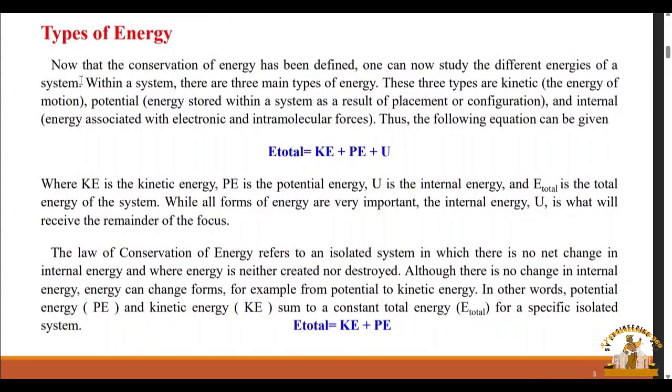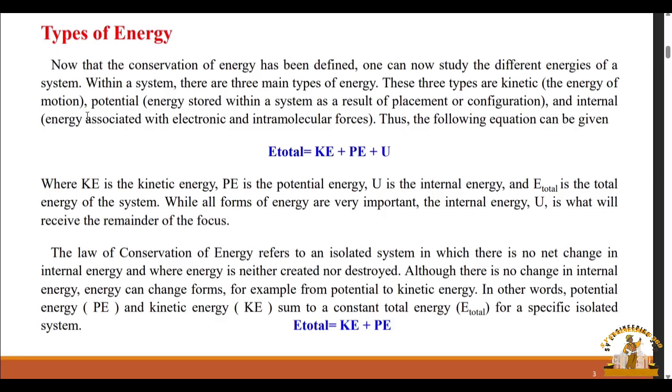Types of energy. Now that the conservation of energy has been defined, one can study the different energies within a system. There are three main types of energy. These three types are kinetic energy, potential energy and internal energy. Kinetic energy is the energy of motion. Potential energy is the energy stored within a system as a result of placement or configuration.